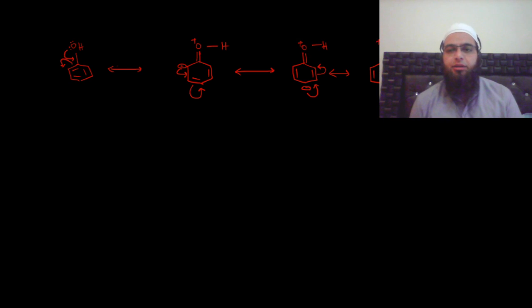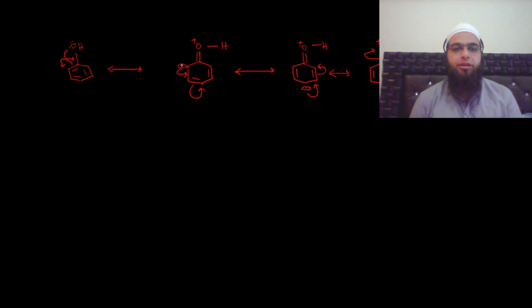And in the fifth structure which we can draw, this pair of electrons will move towards the oxygen. As a result, we get a double bond, and we have the phenol. Okay, so we can look at these resonance structures.